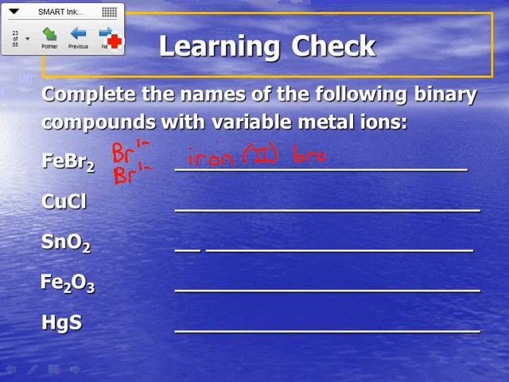I don't get why there's 2 under bromine. Because there's 2 bromines there, right? So the total overall charge from the bromines is 2 minus, right? There's only 1 iron, so that 1 iron needs to be a 2 plus to balance out the 2 minus from the bromides. Okay? All right.